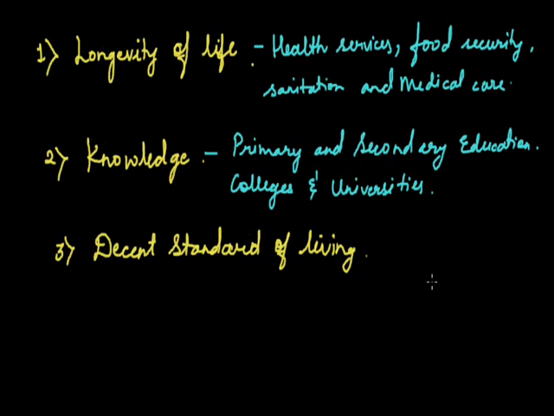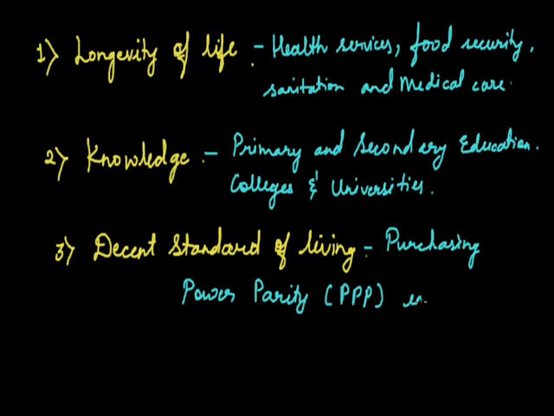And lastly, decent standard of living, which is calculated under purchasing power parity in US dollars. Purchasing power parity is nothing but a comparative study of people earning money and being able to spend it on their decent standard of living in comparison to expenditure in US dollars.